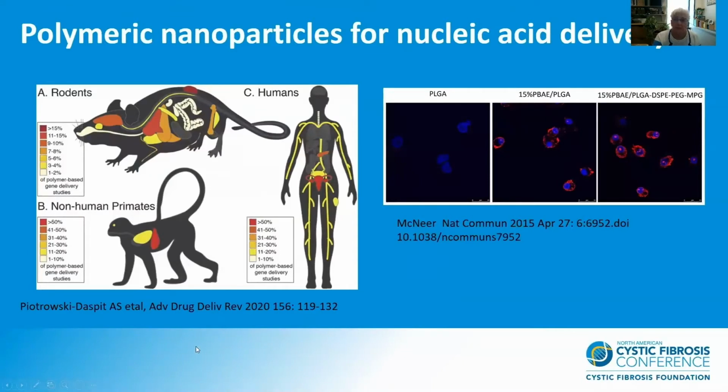These kinds of nanoparticles have been used in many, many studies. This is just a cartoon to show that they've been used to deliver nucleic acids in rodents, non-human primates, and humans, using from clinical trials. And in our own work, just to give you the power of how these changes can affect delivery, in human airway epithelial cells, which is what these three panels represent. The blue are nuclei, the PLGA particle, a blended particle, and the blended particle we used with MPG.